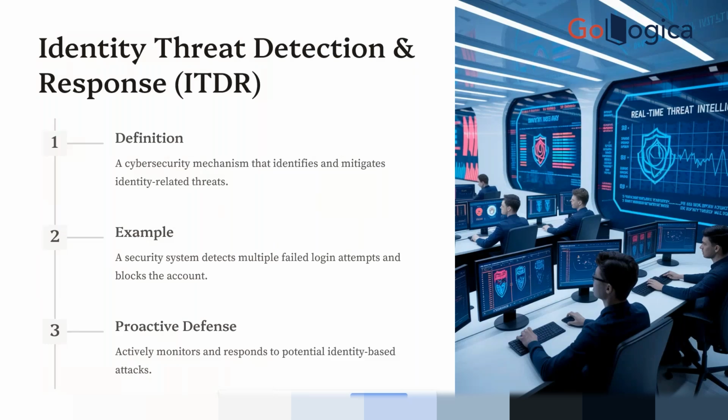We can stop it, respond to it, or mitigate it. That comes under ITDR. If any kind of identity threat is coming to any organization, we can take real-time action on it.